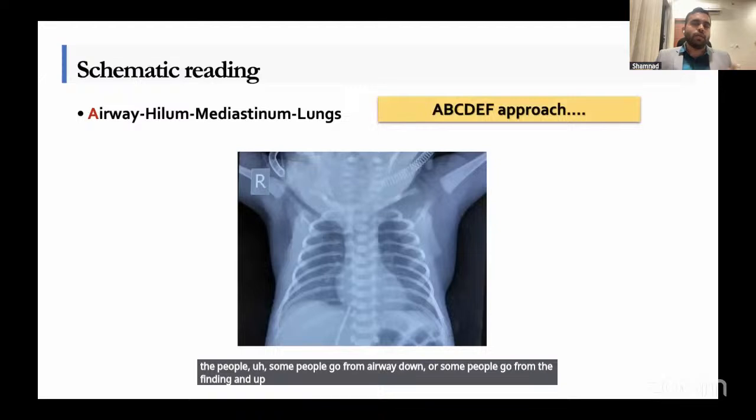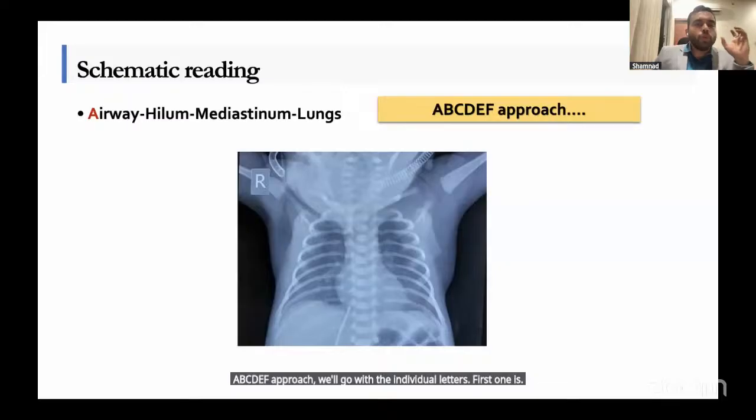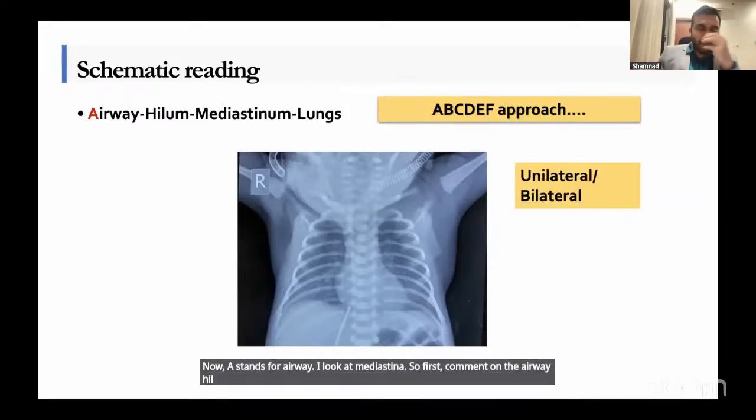The order, typically a simpler approach, would be to go by the A, B, C, D, E, F approach. We'll go with the individual letters. First one is A. A stands for airway, hilum, and mediastinum. So first comment on the airway, hilum, as well as the mediastinum.